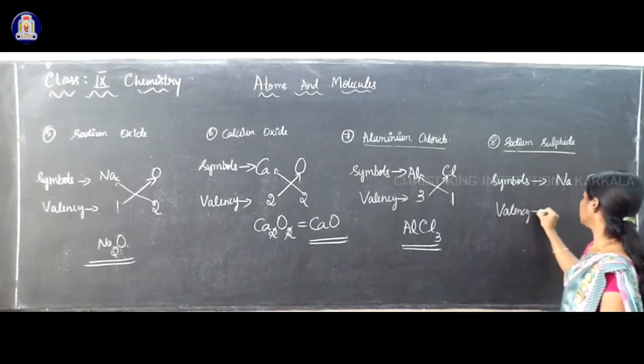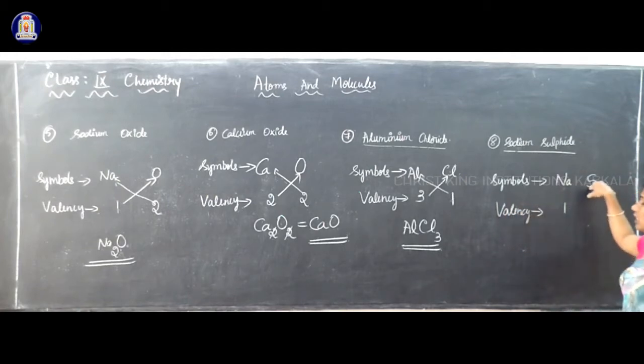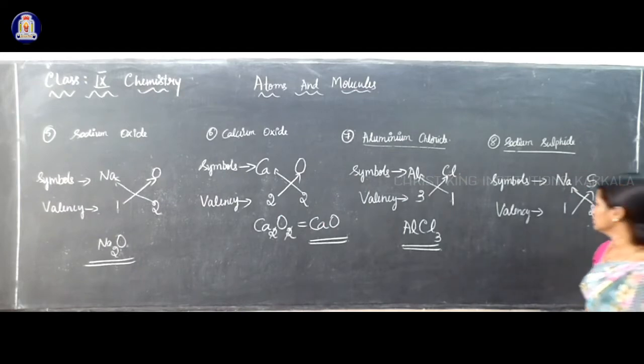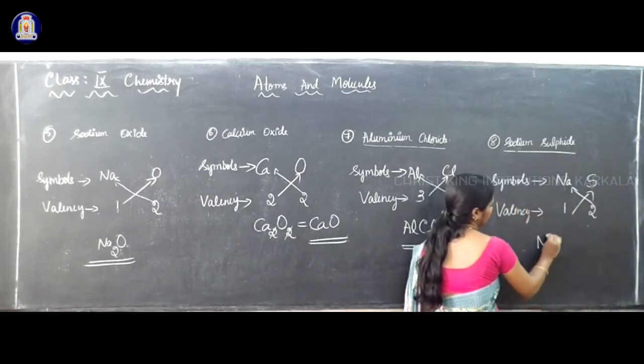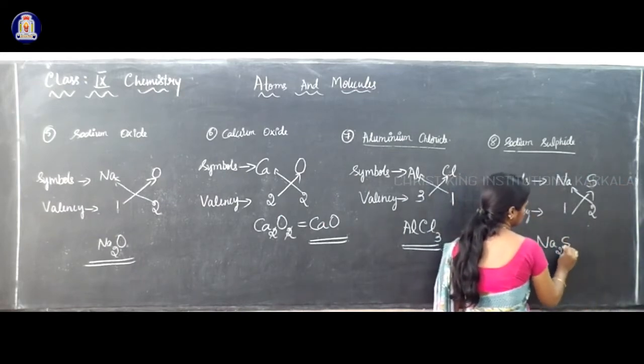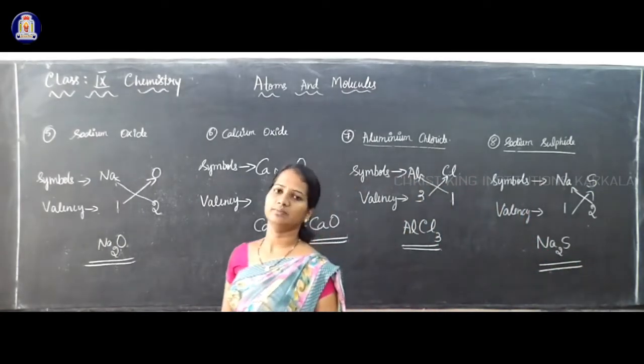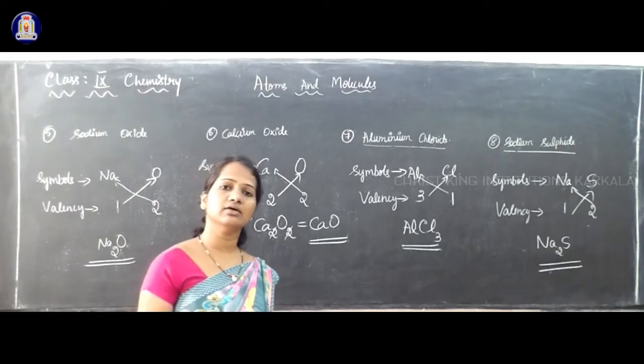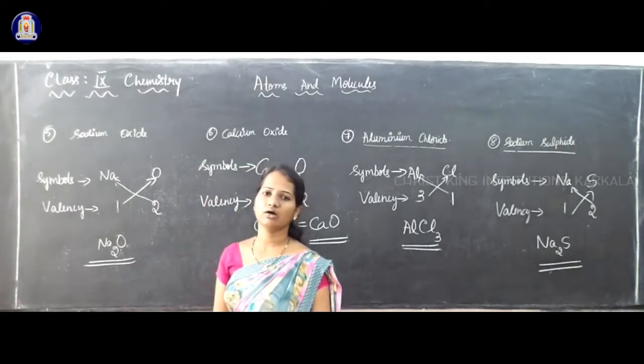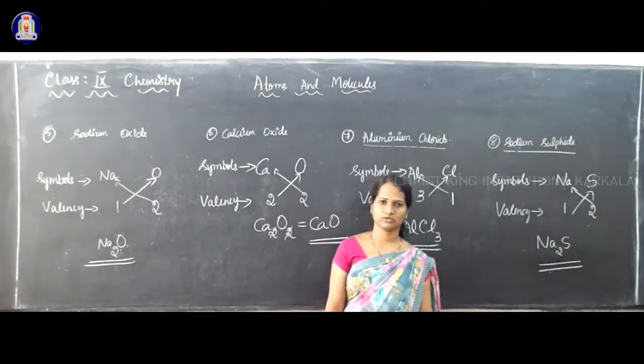Valency of sodium is 1, valency of sulfur is 2, cross interchanging. So the formula is Na2S, sodium sulfide. In this way we can write the chemical formulae of different compounds.